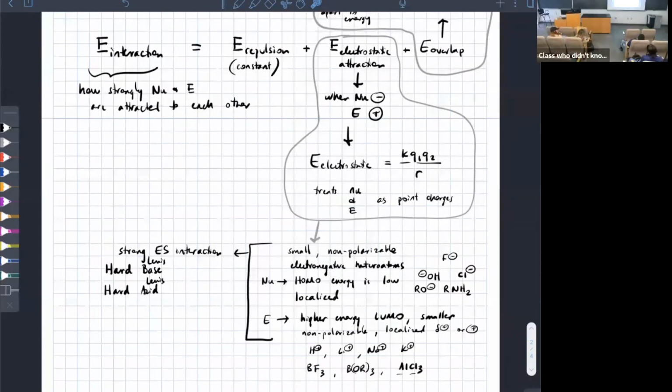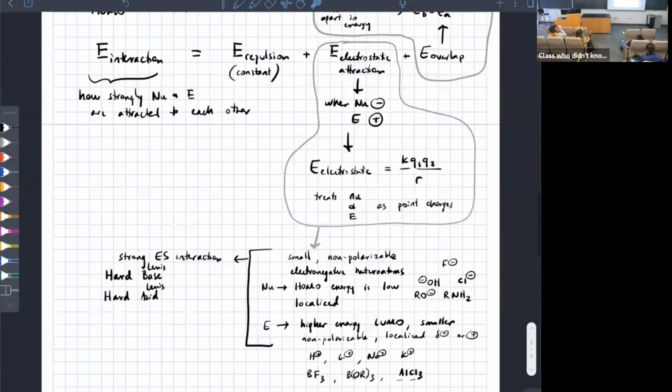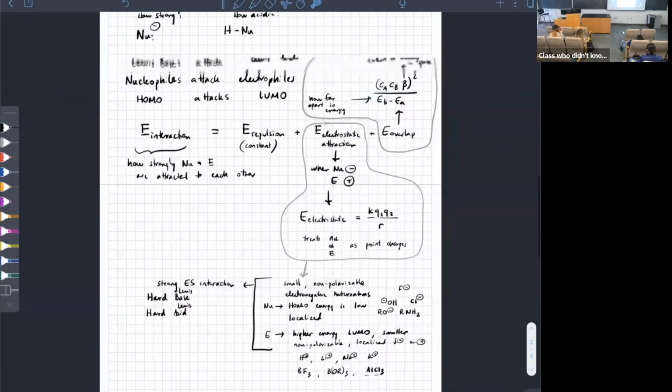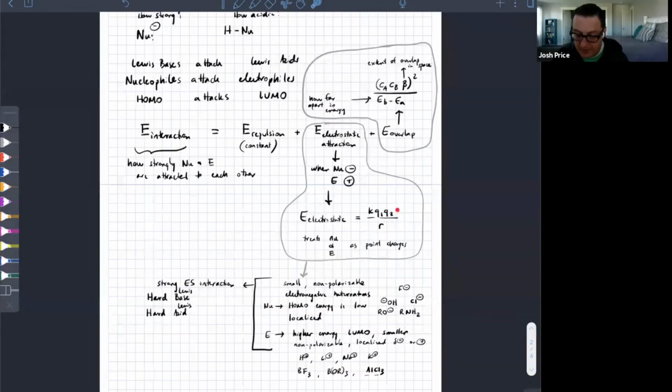Okay, so in essence, you're trying to say that the energy of interaction is low, but they prefer each other because of the strong electrostatic attraction that they have for each other. That's right. Okay.